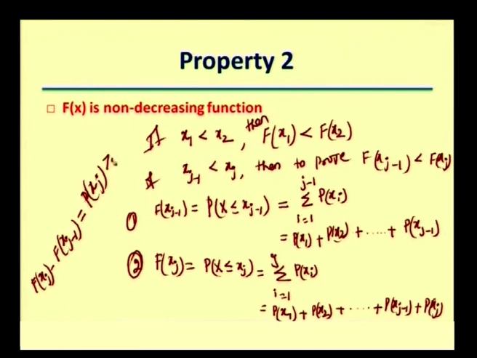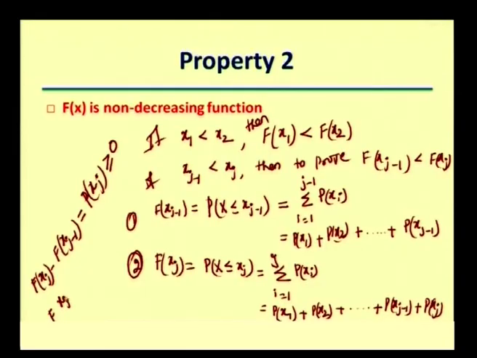This is obviously greater than or equal to 0 by the property of the probability mass function. So automatically F(x_j) is greater than or equal to F(x_{j-1}). Hence F(x_{j-1}) is less than or equal to F(x_j). This is how we have proved F(x) is a non-decreasing function.